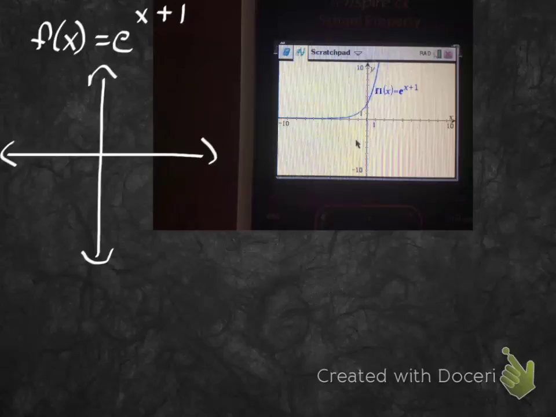Just like yesterday, if you're moving it up and down, it's from the same spot, where it has to be added at the bottom, not in the exponent. That means the asymptote is at y equals 0.